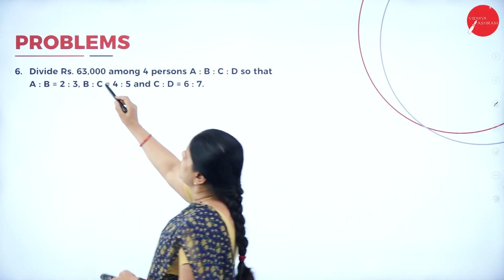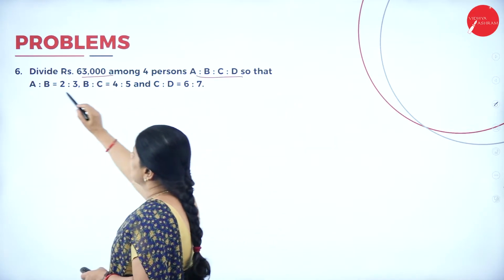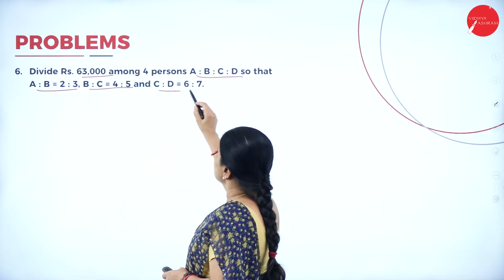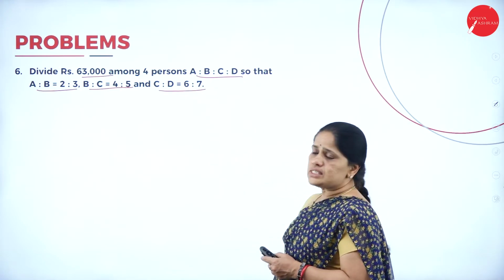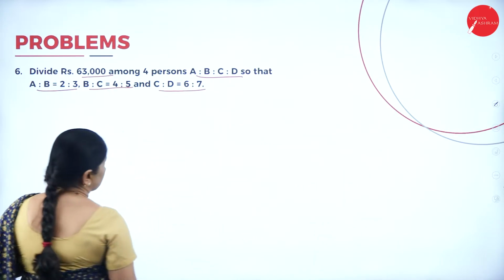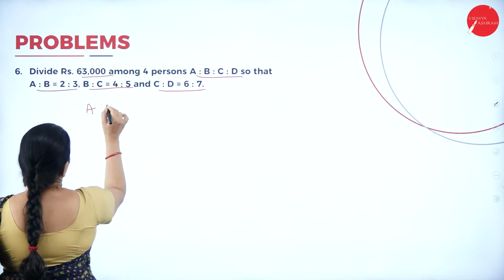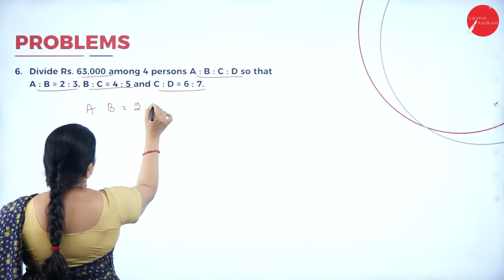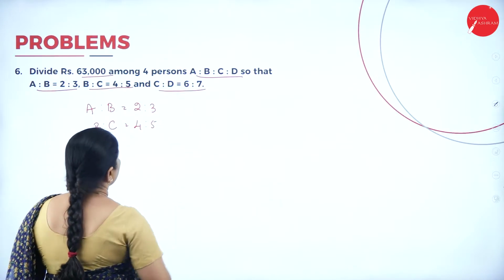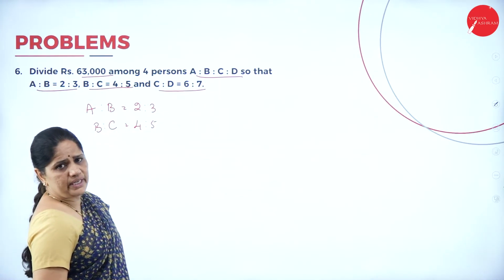In this problem, divide rupees 63,000 among 4 persons A, B, C and D so that A is to B is 2:3, B is to C is 4:5 and C is to D is 6:7. When we are given ratios like this, we have to get the ratio of A, B, C and D. Here the ratio of B is 3 and here the ratio of B is 4.